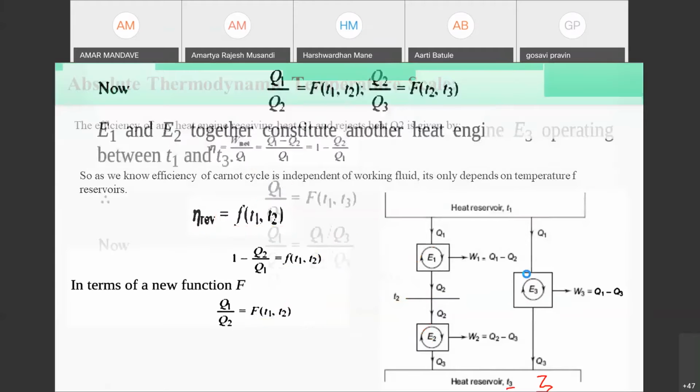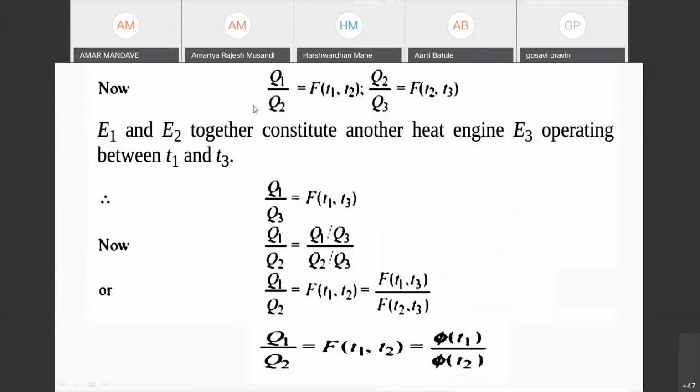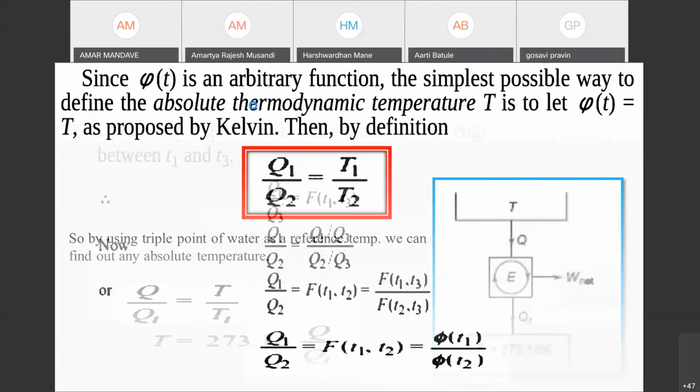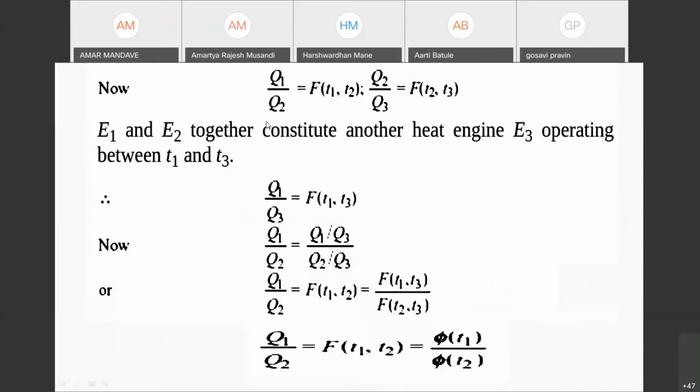By using the previous result, we can write for the first engine Q1 upon Q2 is a function of T1 and T2.